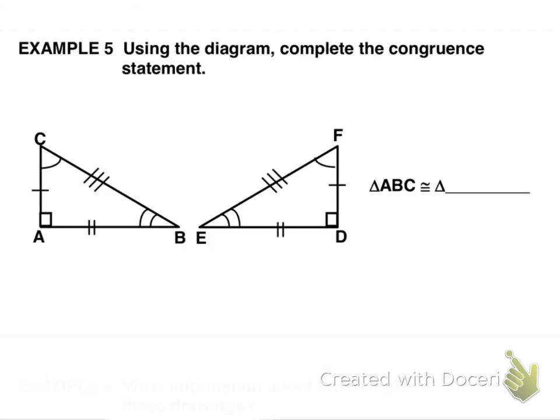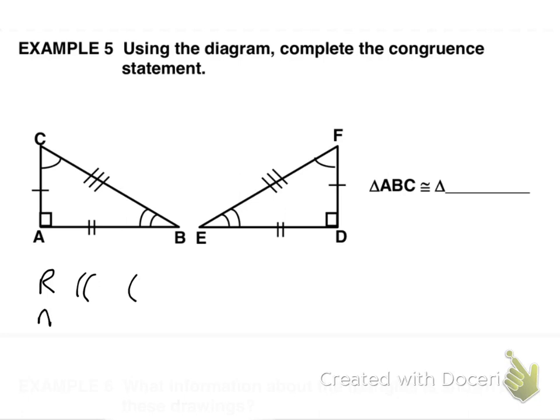All right. Use this next diagram to complete the congruent statement. Okay, so we know that triangle ABC is going from the right angle, to the angle with 2 curves, to the angle with 1 curve.